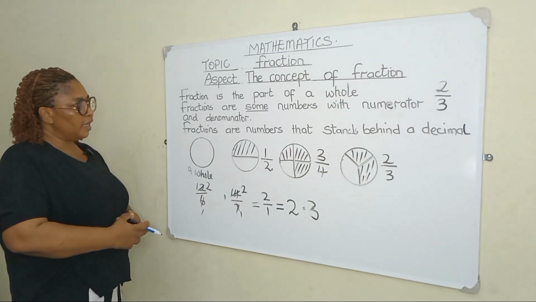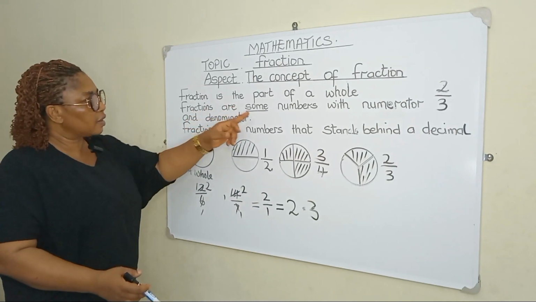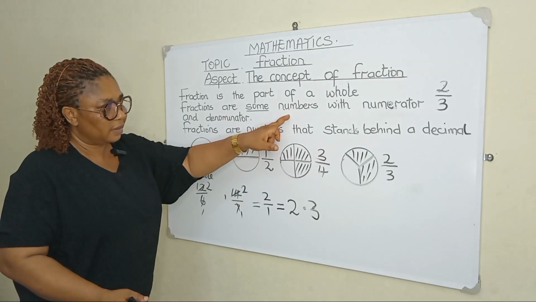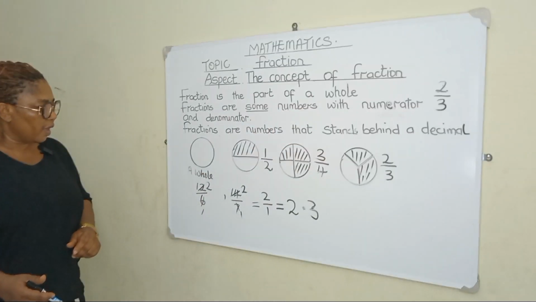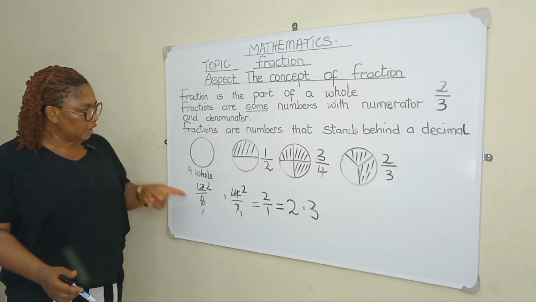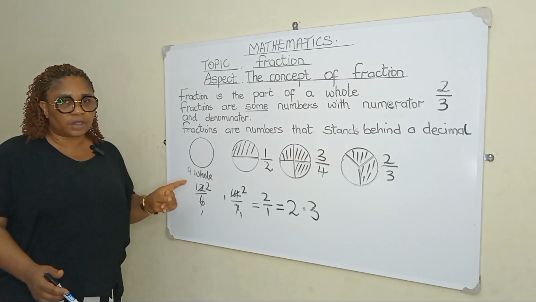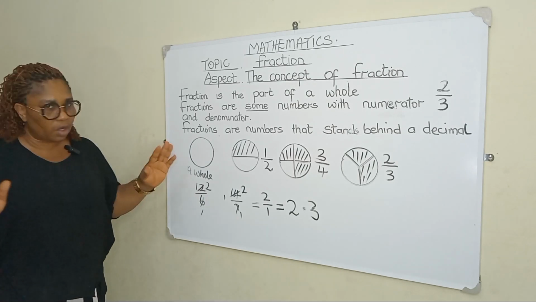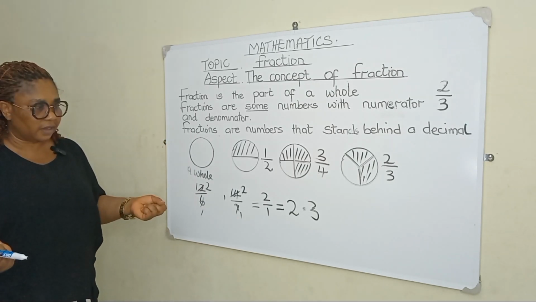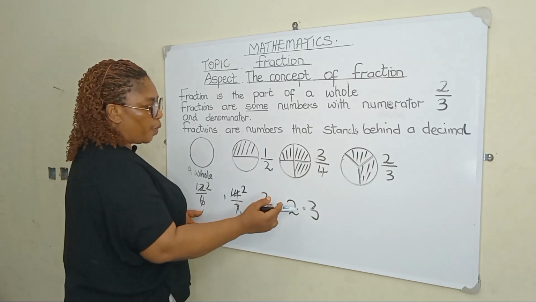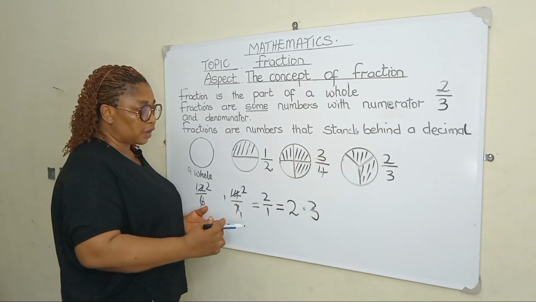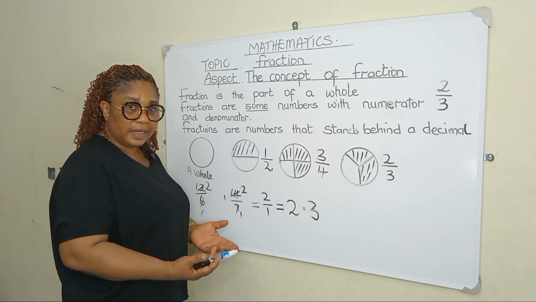That is why I say fractions are some numbers with numerator and denominator. Any number where the denominator can divide the numerator without remainder is not a fraction. For example, 2.3 can be a fraction in its completeness.